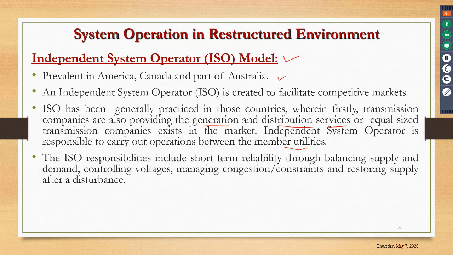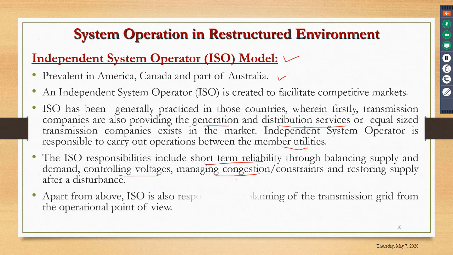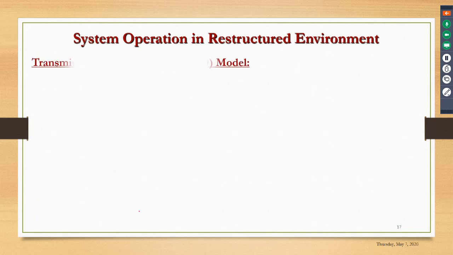The ISO responsibilities include short-term reliability through balancing supply and demand, controlling voltages, managing congestion constraints, and restoring supply after a disturbance. This is the system operator's function. Apart from the above, ISO is also responsible for planning of the transmission grid from the operational point of view as well.